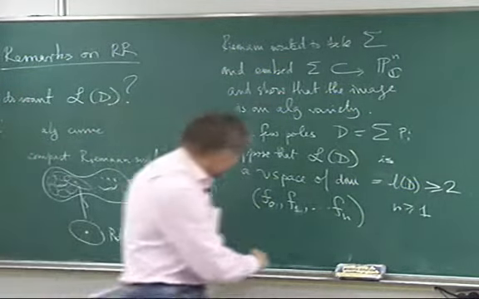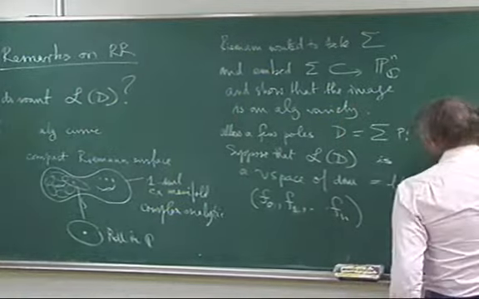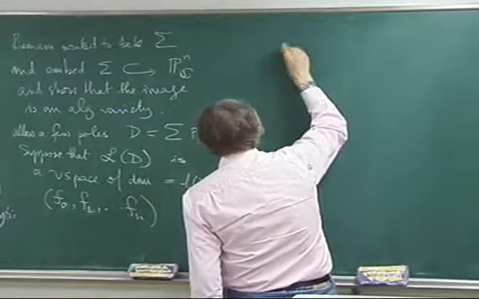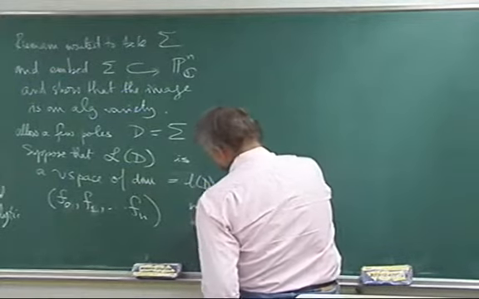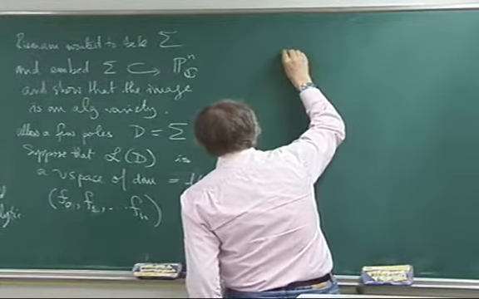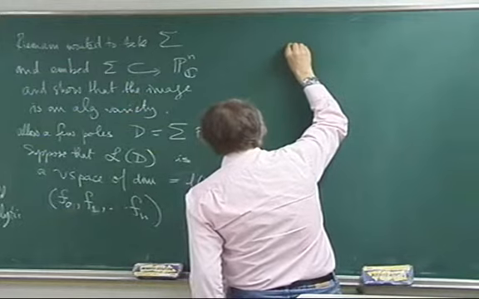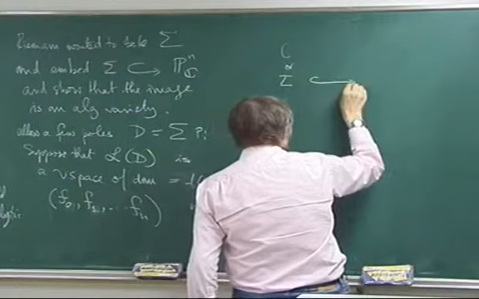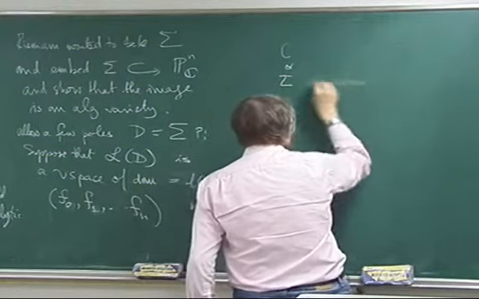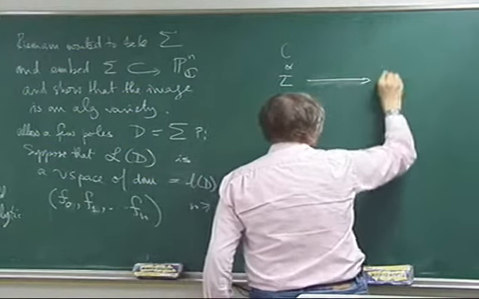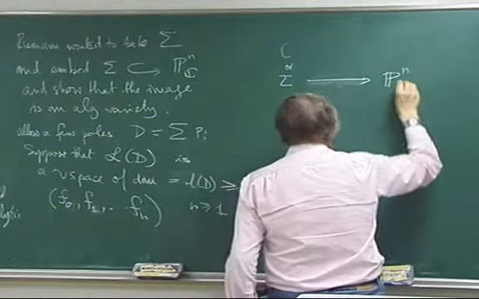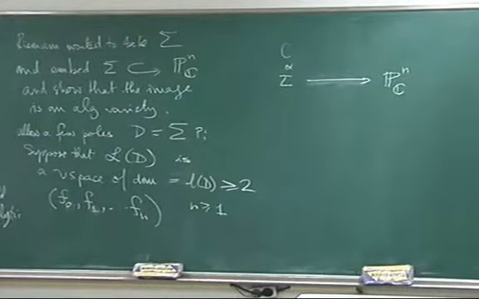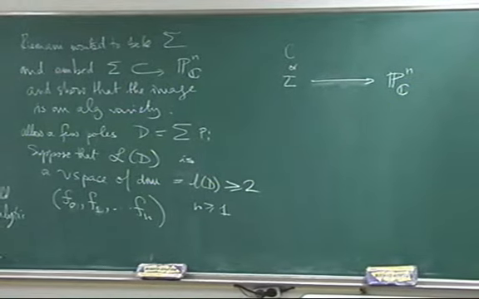And these now define a rational map, a meromorphic map from C or sigma into projective space.